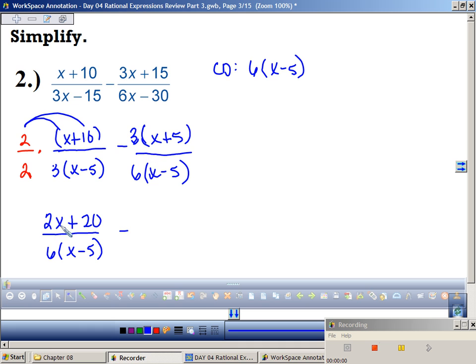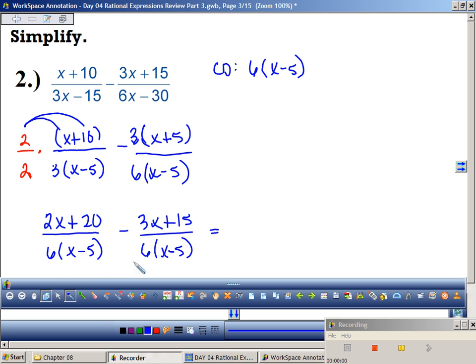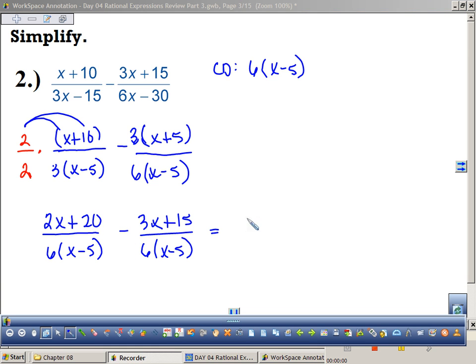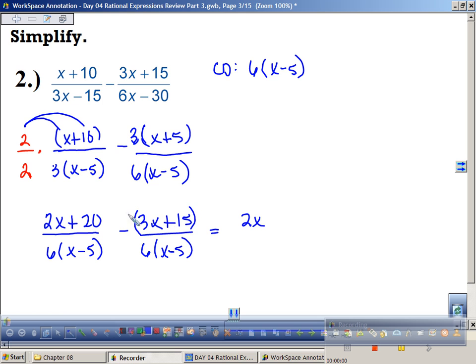Over here, this is 2x plus 20, so I might as well see why I didn't want to factor it to begin with. So this is 3x plus 15 over 6 times x minus 5 equals, now that they have common denominators, I can just combine them, correct? Denominators, thank you. 2x, this is a negative. Negative means I need to distribute it to everybody.